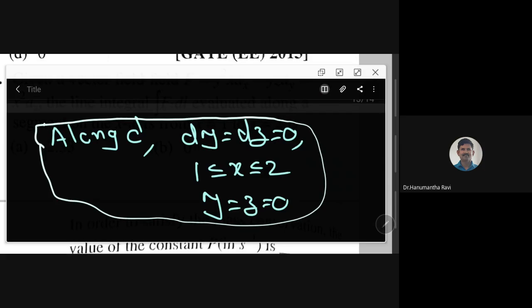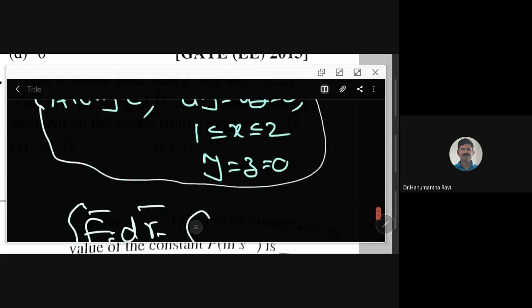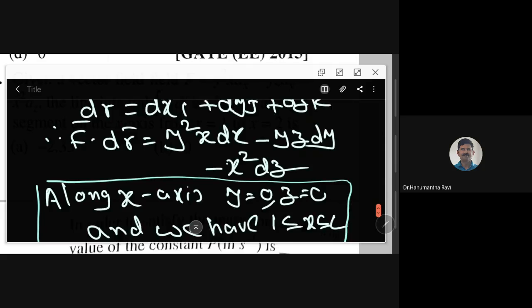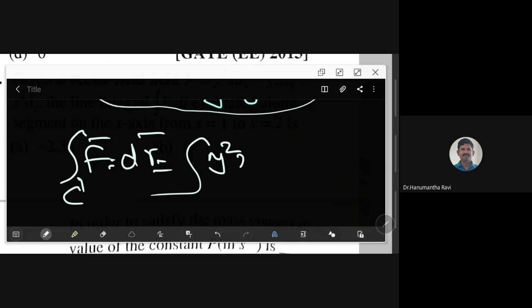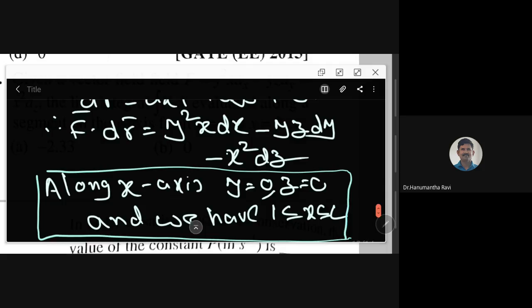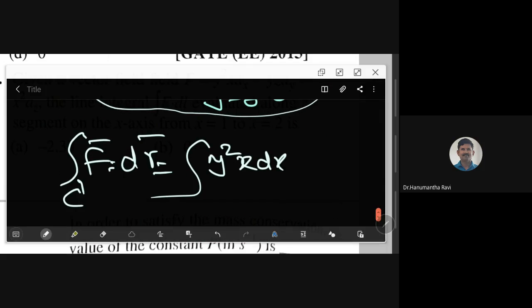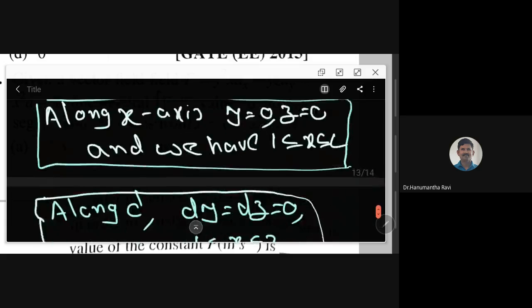So if we put this data here, y square x dx minus yz dy minus x square dz.